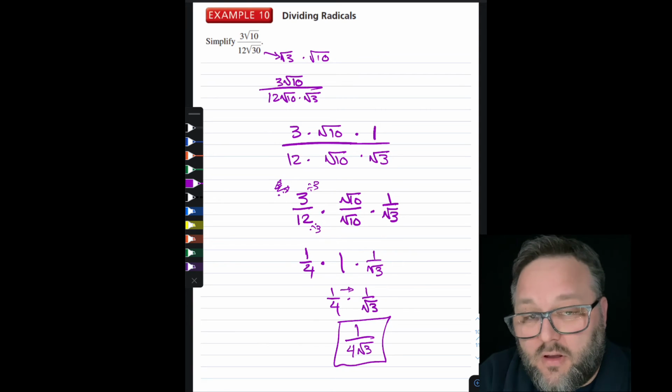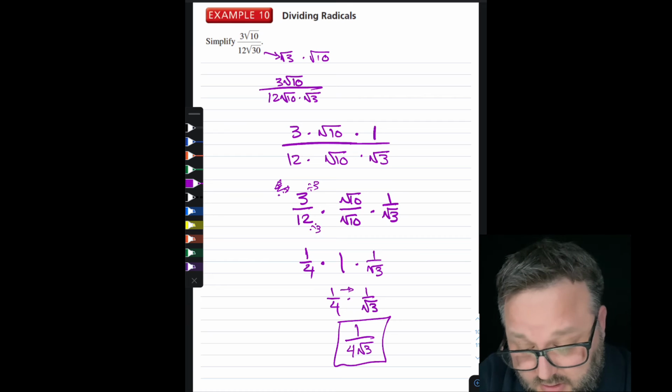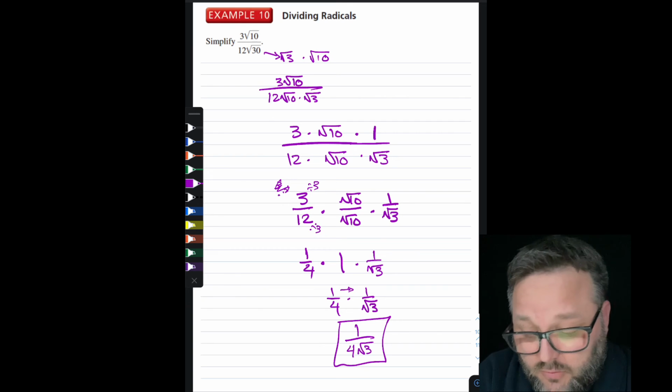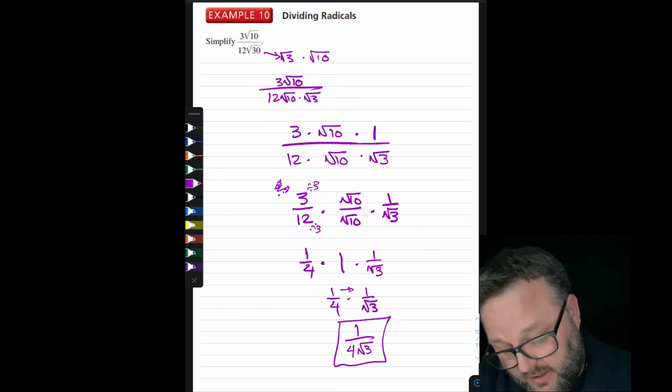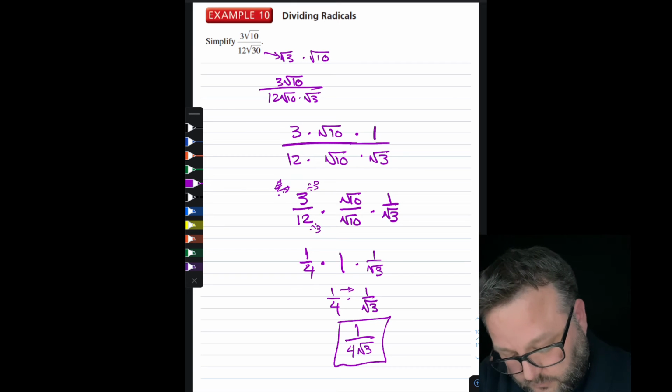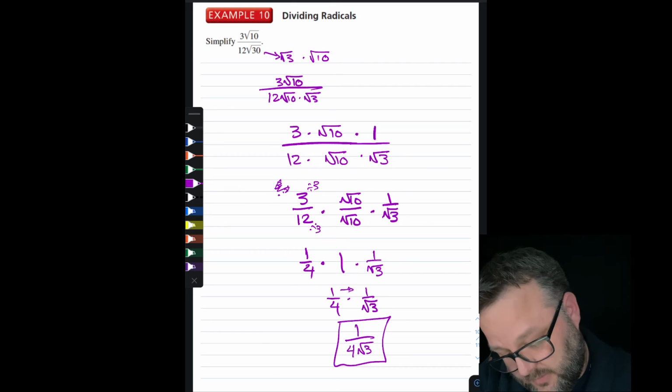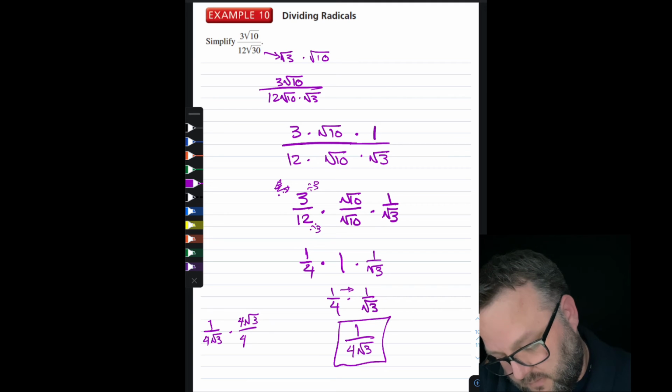Now, if I didn't want that radical in the denominator, all we've got to do is rationalize it, right? That means I'm going to take 1 over 4 radical 3 and multiply that by 4 radical 3 over 4 radical 3. 4 times 4 is 16.